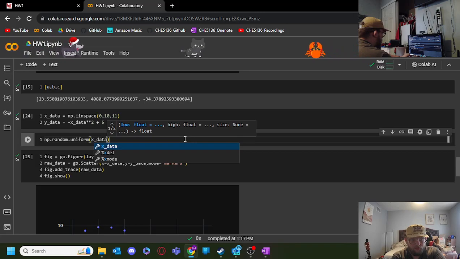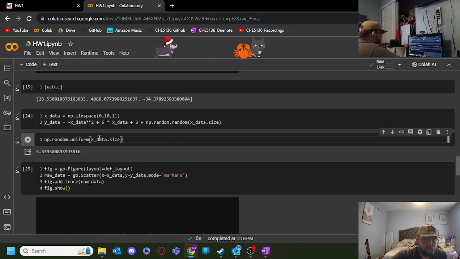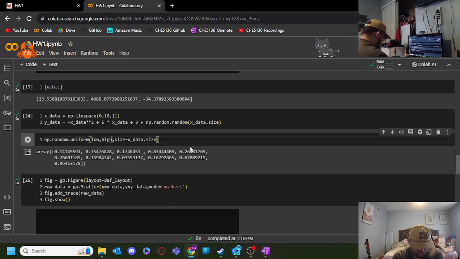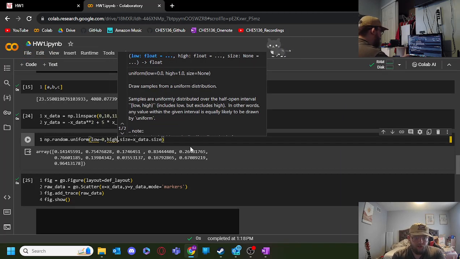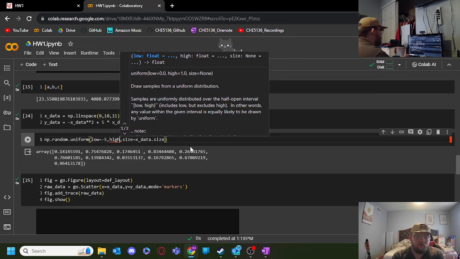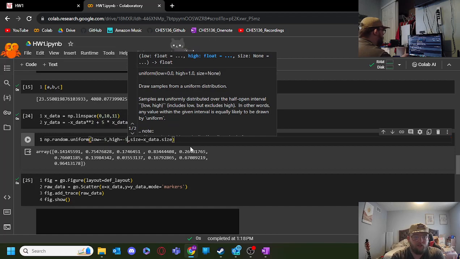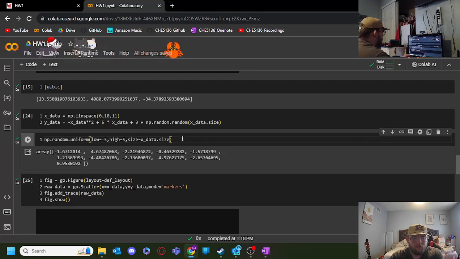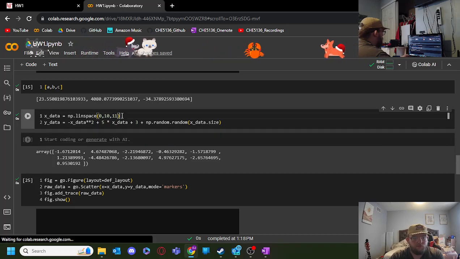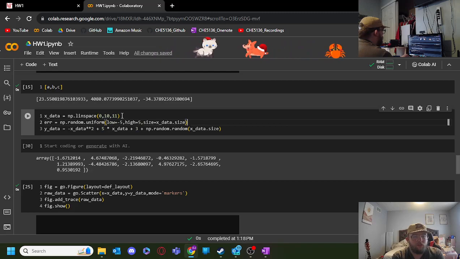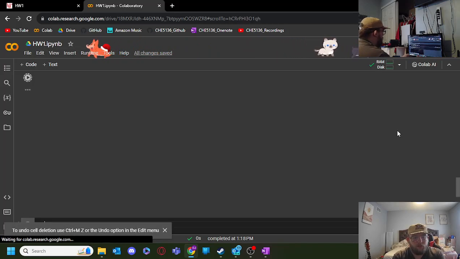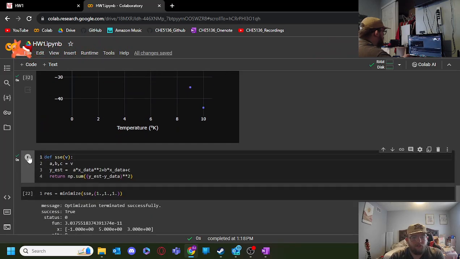If I do that, do x data dots. Let's do low, let's say -5, and high. You see it's a little less clear-cut.